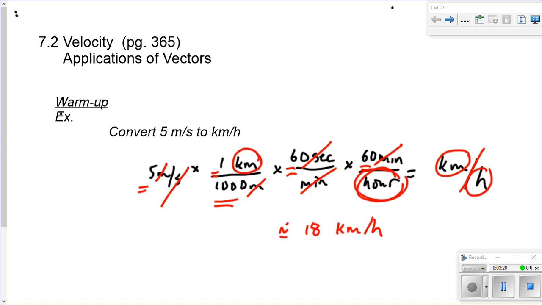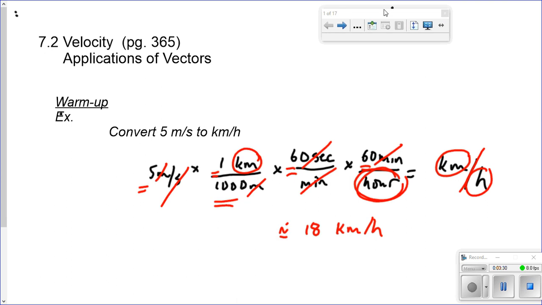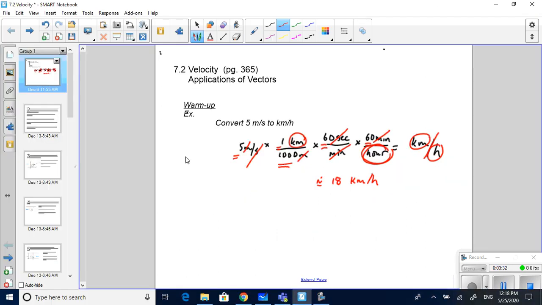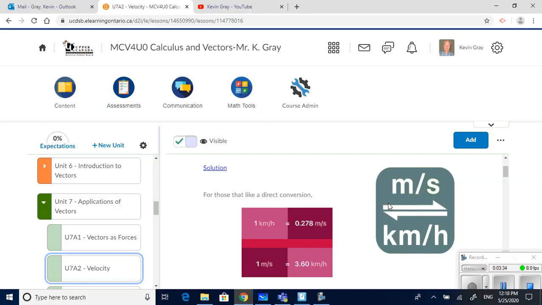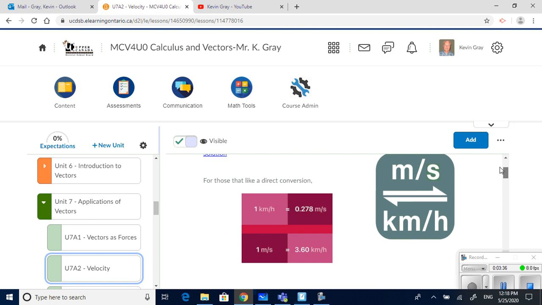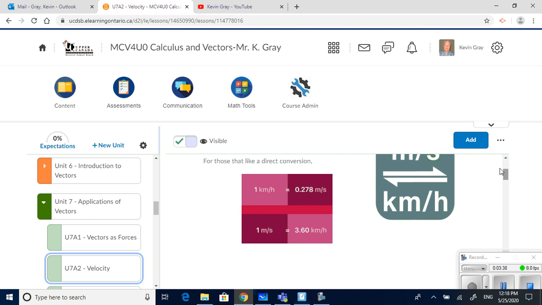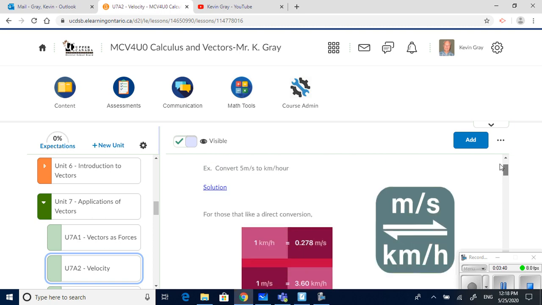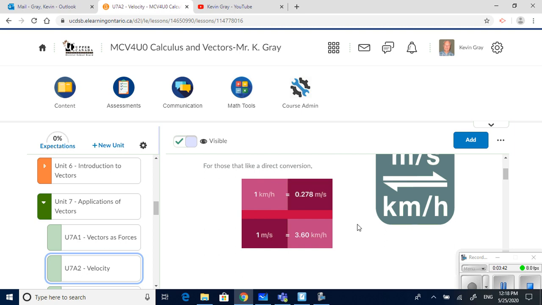Now, if I go back to my lesson, right here at the beginning of the 7.2 lesson is this common ratio. I could have done 5 times 3.6 and gotten 18 kilometers per hour. So if you like, you could do it that way.